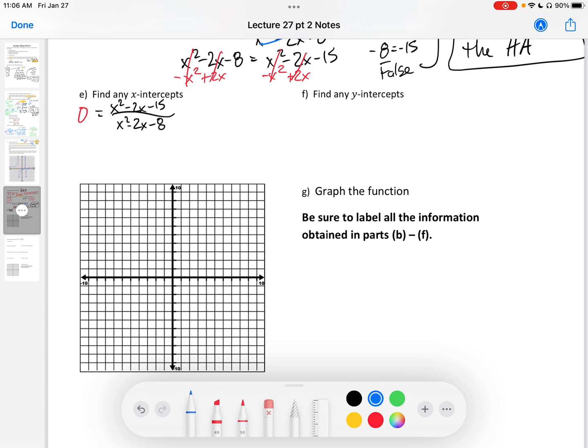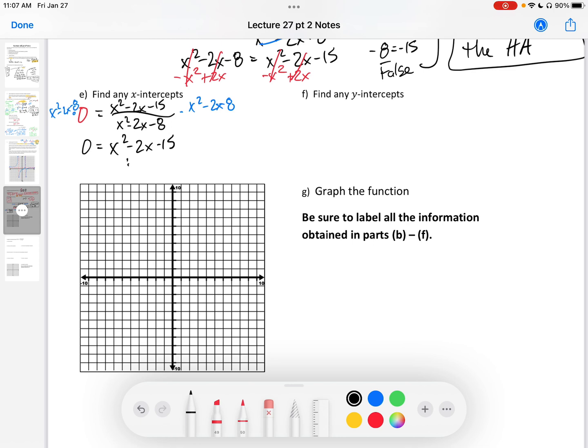I'm going to get rid of the denominator by multiplying, and times 0, that just cancels it. So really, I just need to set the top equal to 0.